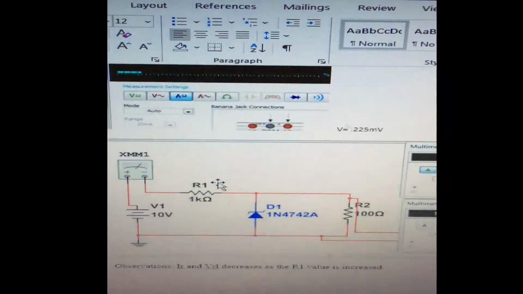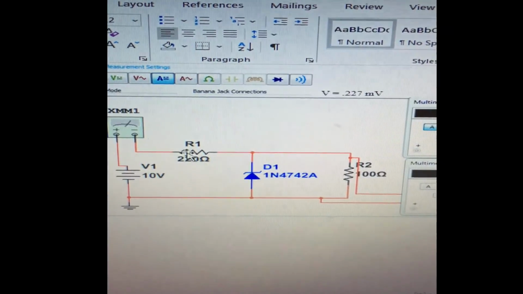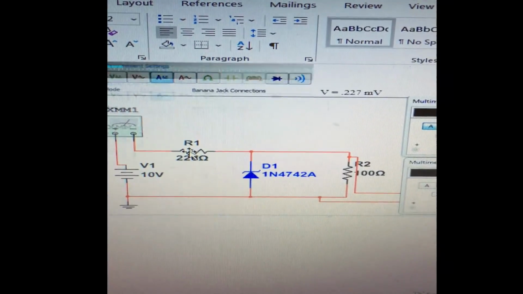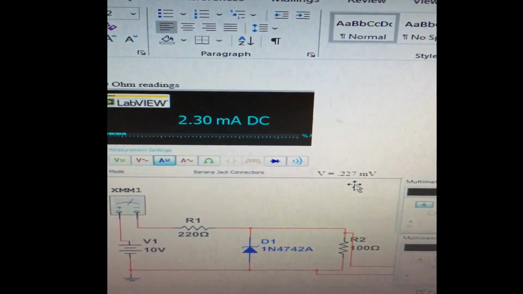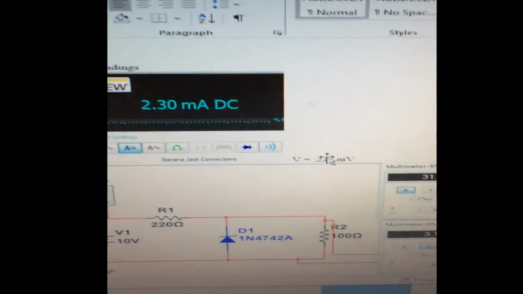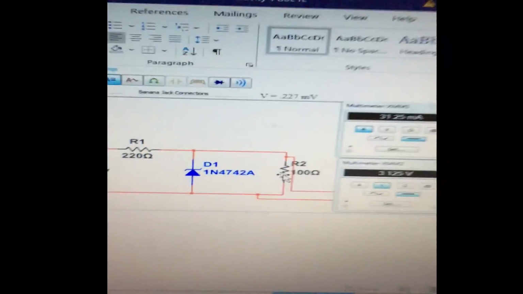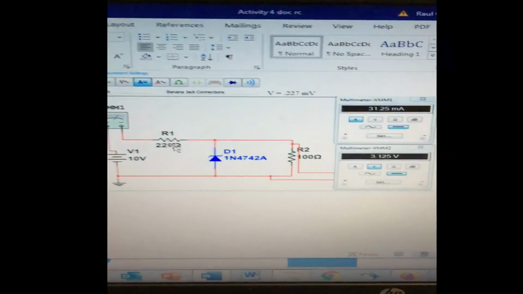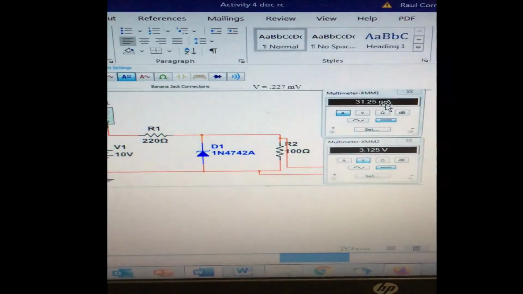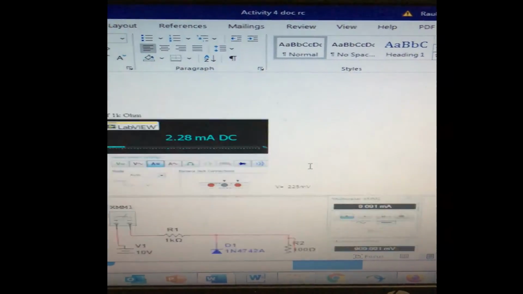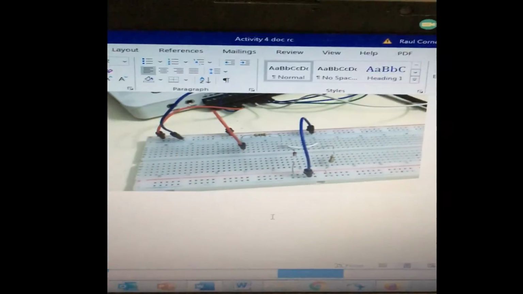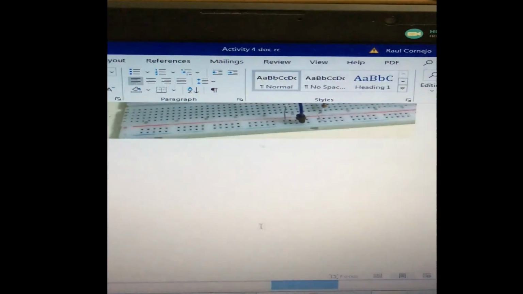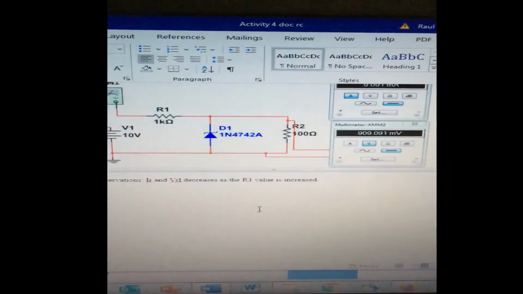When the resistor value gets larger, the current decreases, as well as the voltage output. You can see in the simulation that it definitely exceeds 2 milliamps. So this one is very hard to actually do on the MyDAQ. And that's it for activity 4.